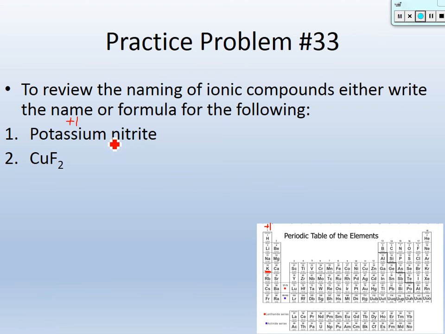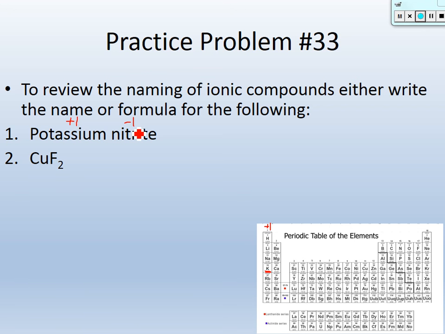Nitrite. Now, is this nitrogen? No. How do we know it's not nitrogen? If it was nitrogen, what would it be called? Nitride. It's not nitride, so we know that it's a polyatomic ion. It's one of those I hoped that you guys were going to memorize, right? So nitrite, what's its charge? Well, it's a -1.